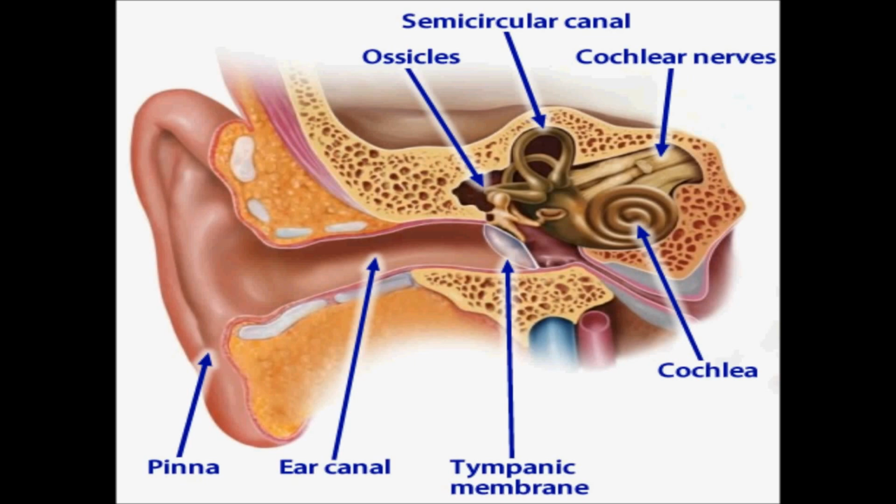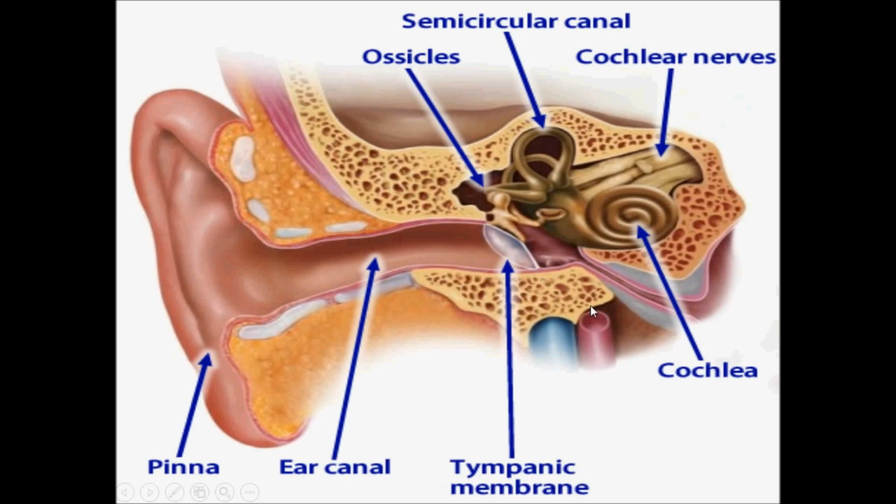Okay, and it connects the middle ear to the pharynx, and it helps in equalizing the air pressure on either side of the tympanic membrane. That means here and here, this side and this side. So it maintains pressure on either side of the tympanic membrane. Who is responsible? Eustachian tube.